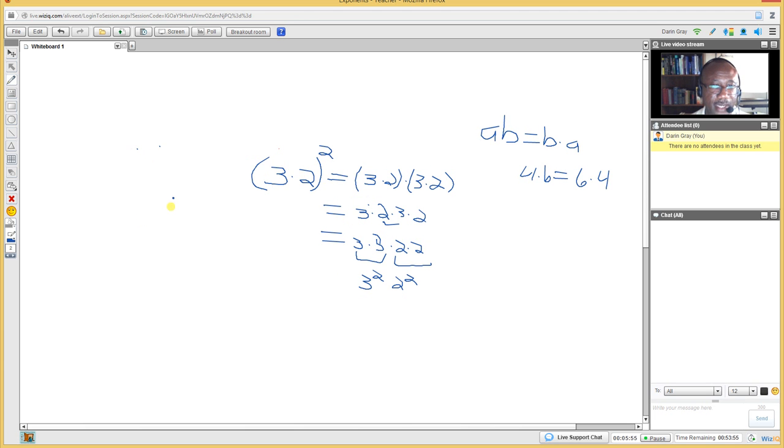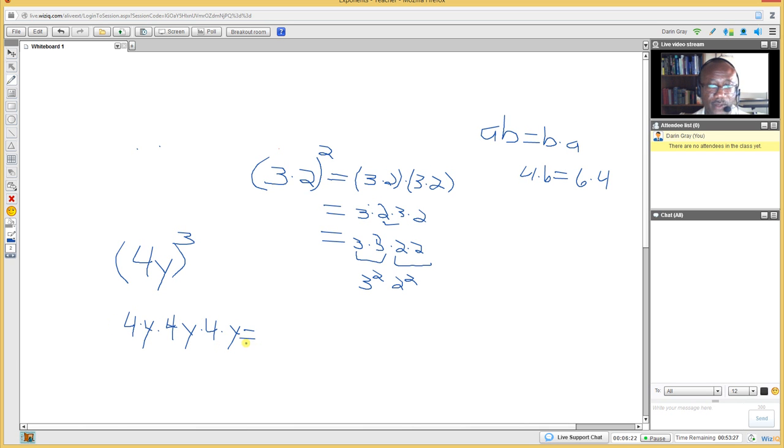So let's try that with a variable next to a number, and we call this a coefficient. So if I were to raise this to the third power, I would end up with 4 times y times 4 times y times 4 times y.